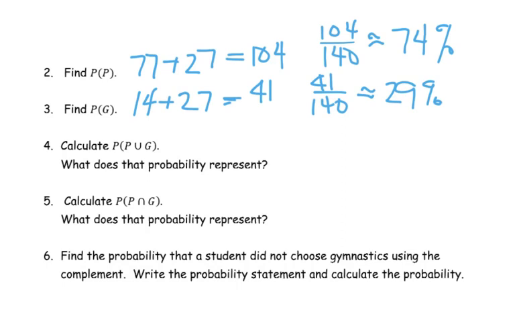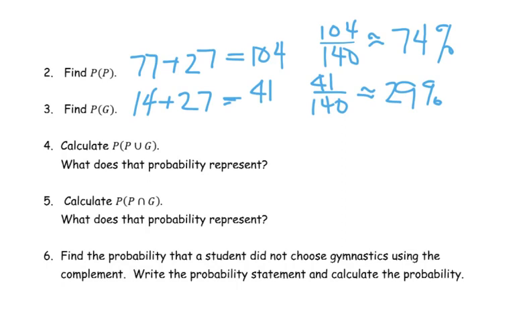Now we're going to have to calculate the probability of, remember what this notation is, probability of photography or gymnastics. So that's the union of everything. Union, meaning that's everybody.